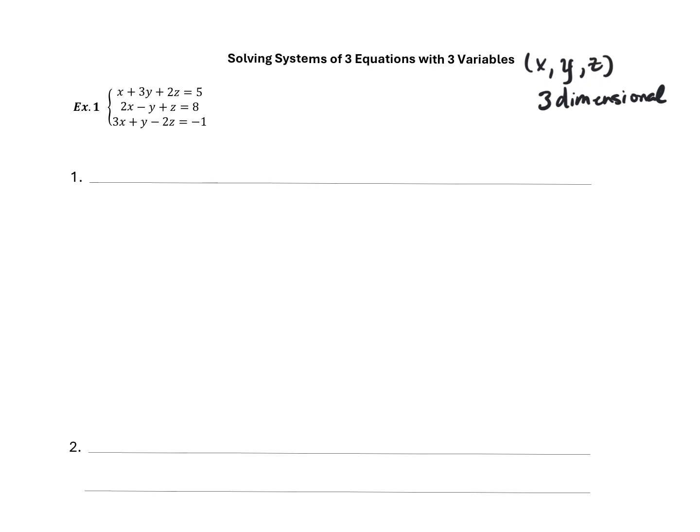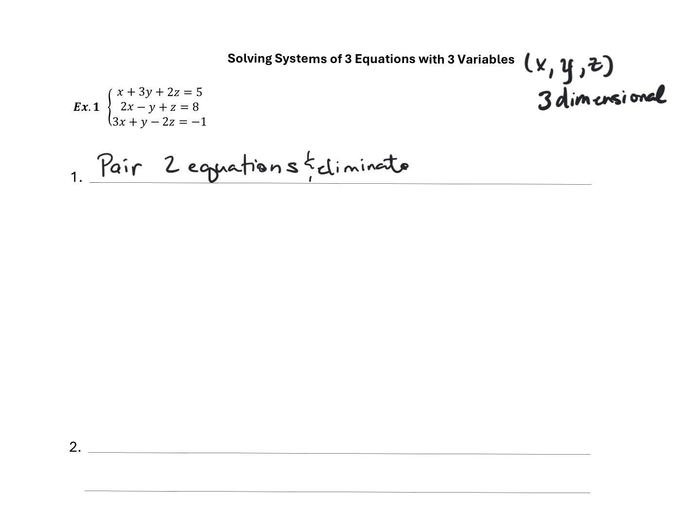So I'm going to write the steps, and then I'm going to use example number 1 up here and go along with each part as I go. So the first part you're going to do is that you have to pair two equations and eliminate a variable.